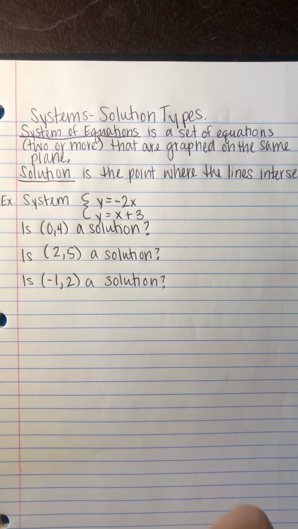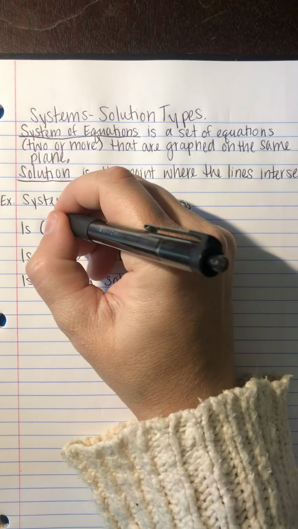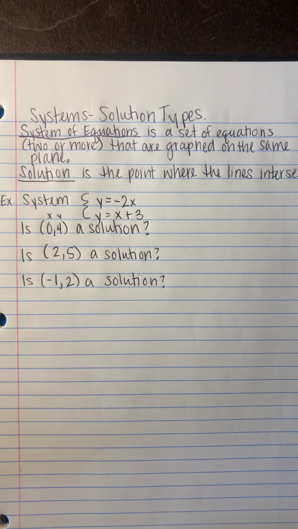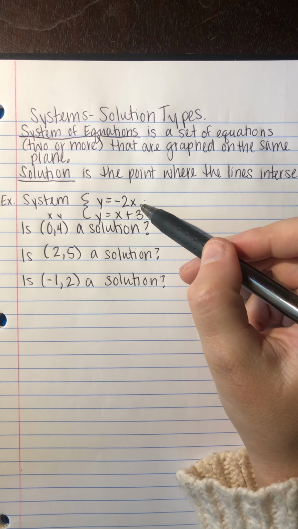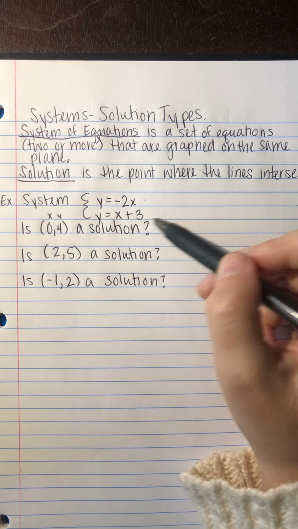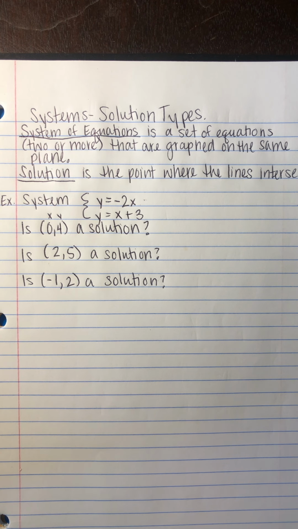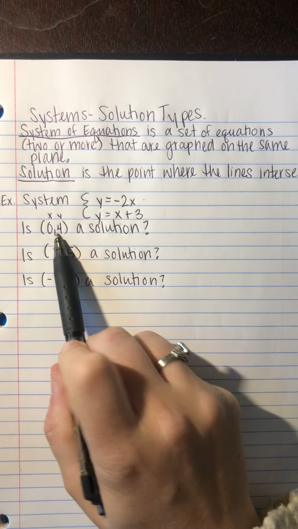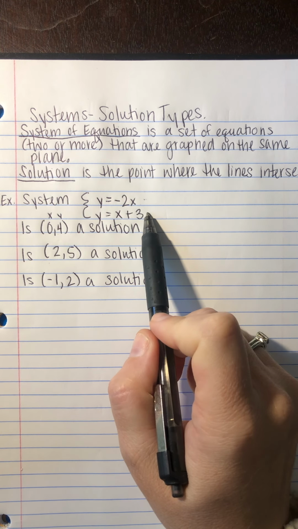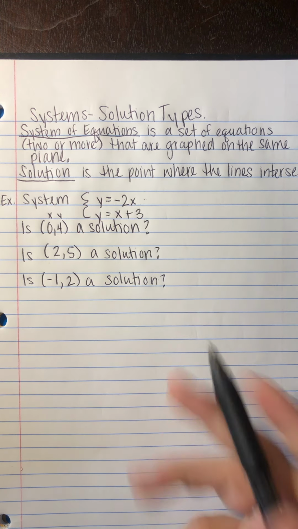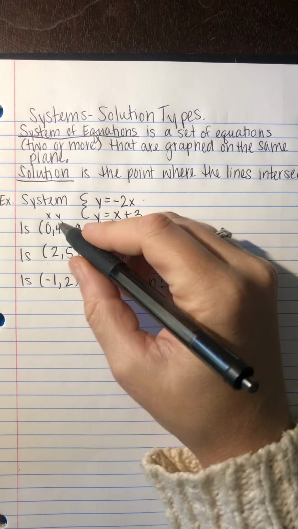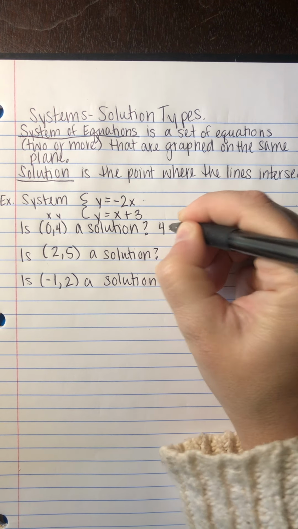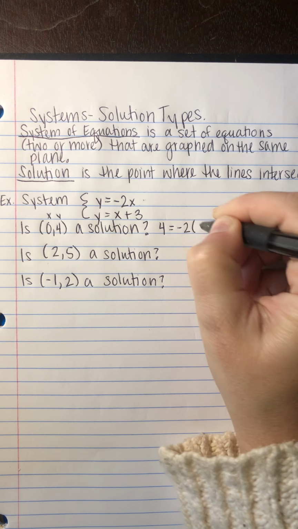Okay, so here's what we're going to do. The easiest way to do this is to start off by labeling your x and your y, and we're just going to plug our x and y values into our equations, and we're going to test both of them, because in order for this to work, this point would have to be on this line and on this line. So we have to test it out for both. Our first line is y equals negative 2x, which is 4 equals negative 2 times 0.